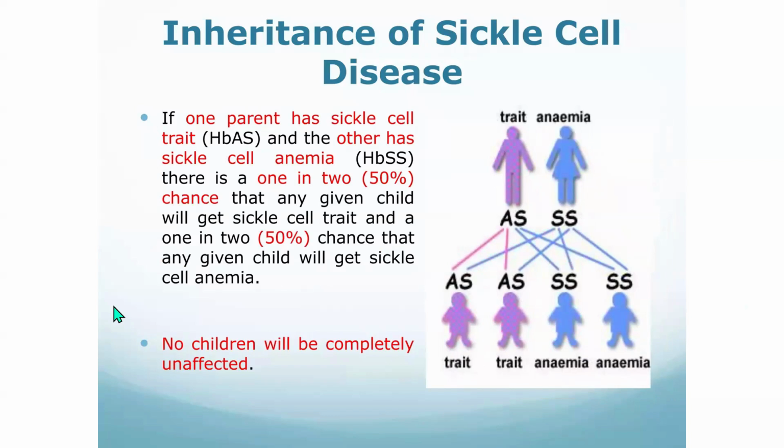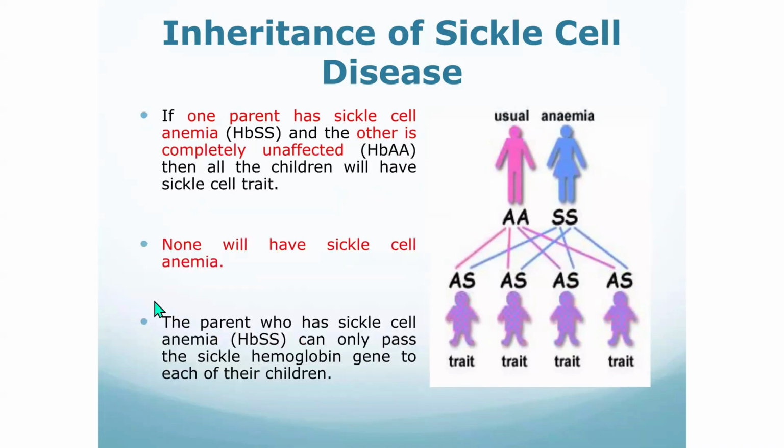So that is why it is very, very important to do genotype tests to know which type of hemoglobin you have, so as to avoid giving birth to a child with sickle cell disease.